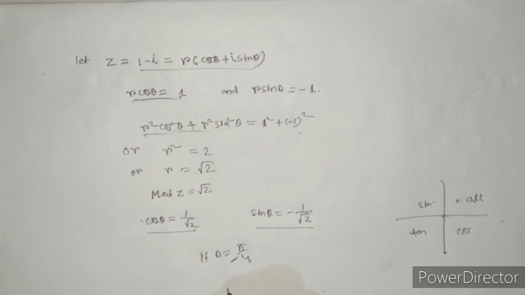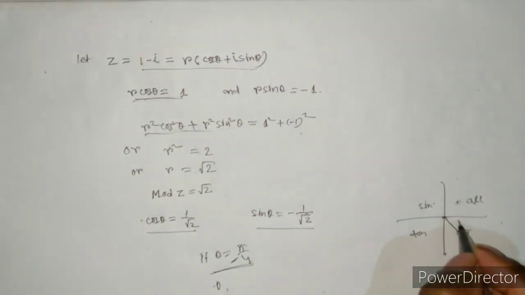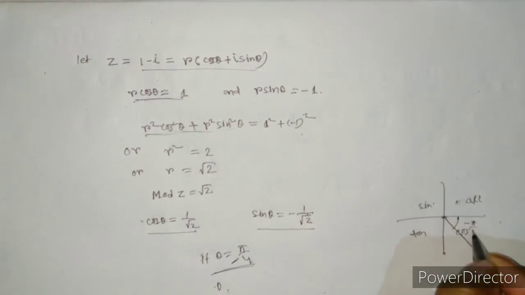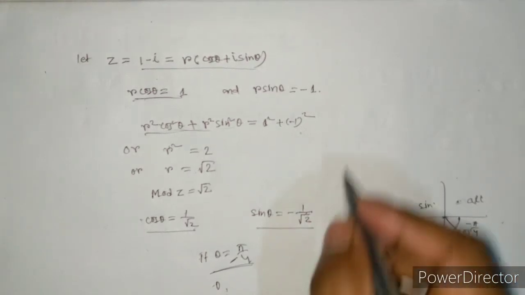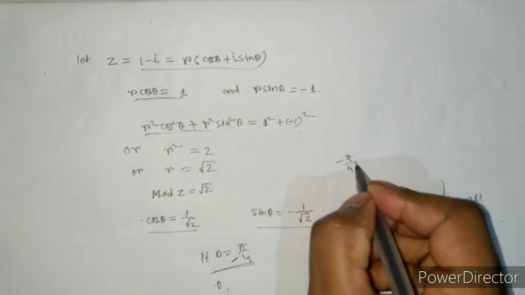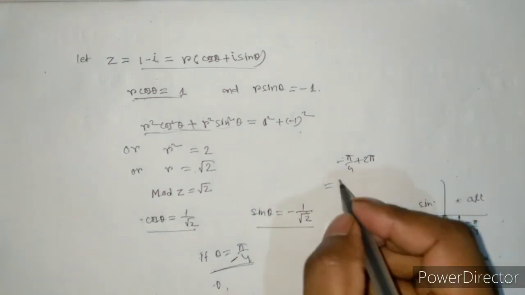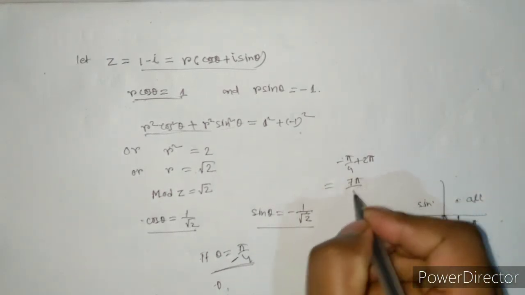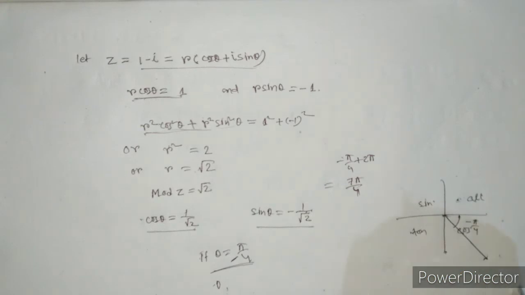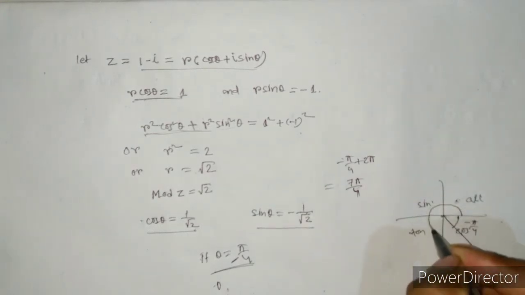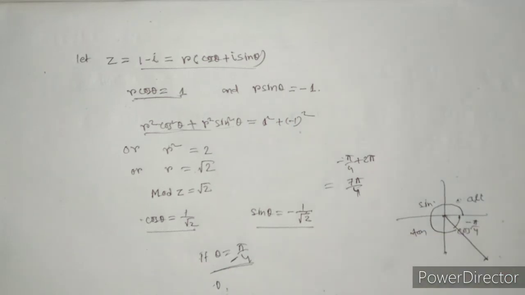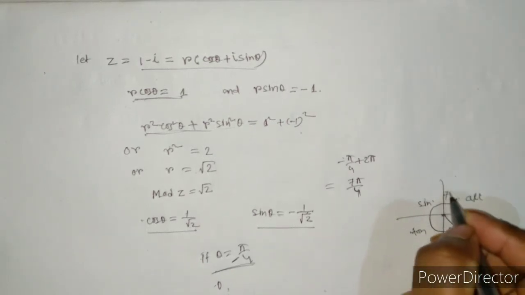So minus pi by 4 satisfies these equations, that is theta equals minus pi by 4, and this is minus pi by 4. If we add 2 pi, then it will be 7 pi by 4, and this angle is 7 pi by 4.